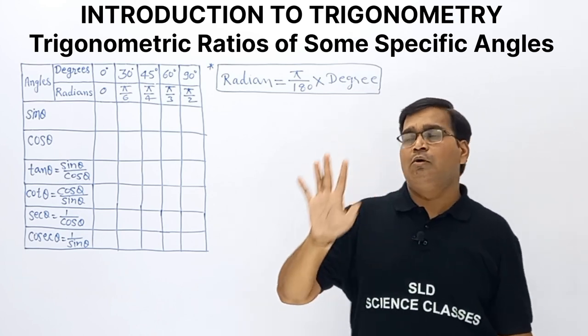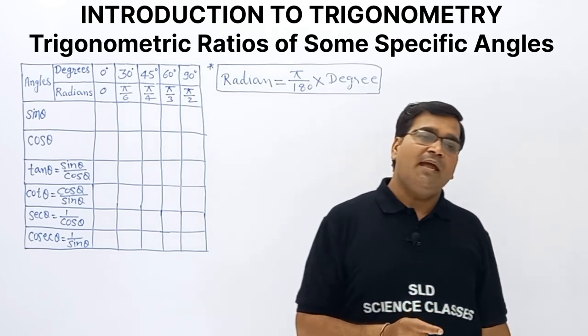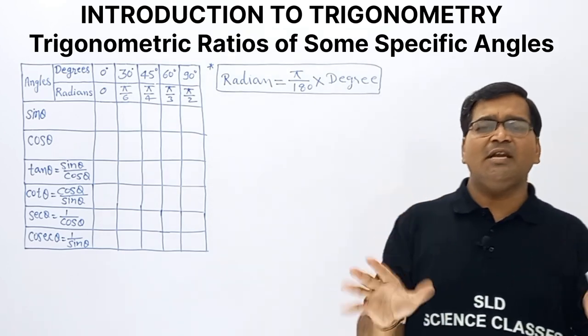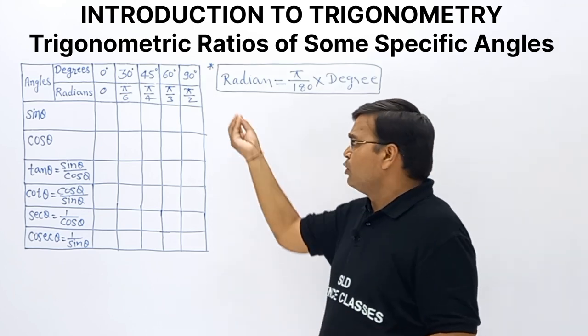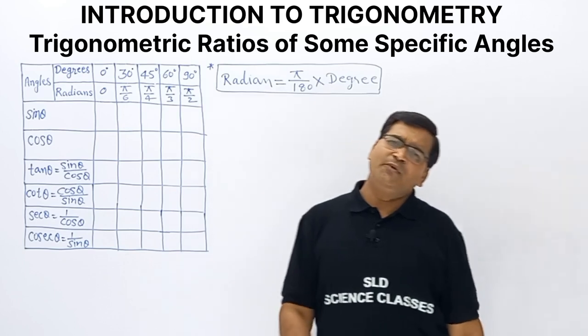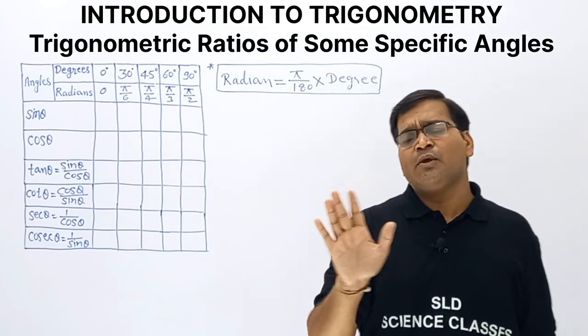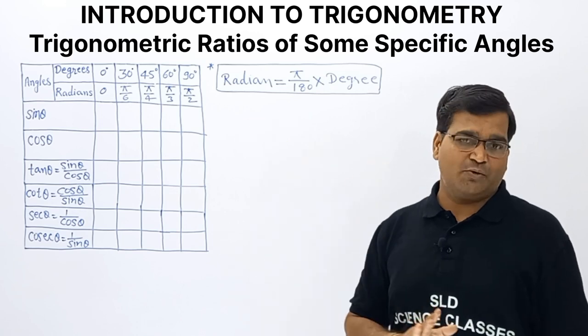So we should know the values, then only we can solve. And how they come, we studied well. Clear? So observe, we want to complete this table, and it is very simple. We can easily complete all these values of trigonometric ratios.